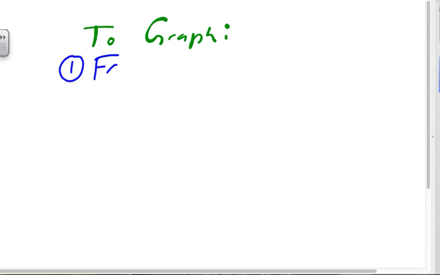Okay, so let's talk about how we're going to do this. Here are our steps to graph. Step one, factor numerator and denominator.